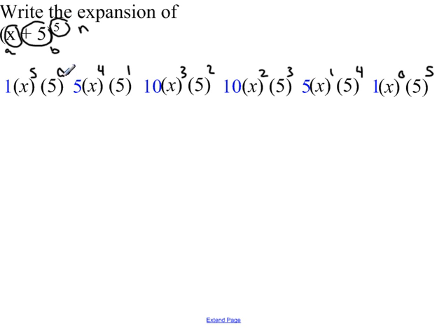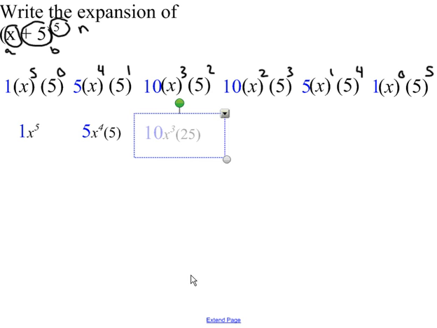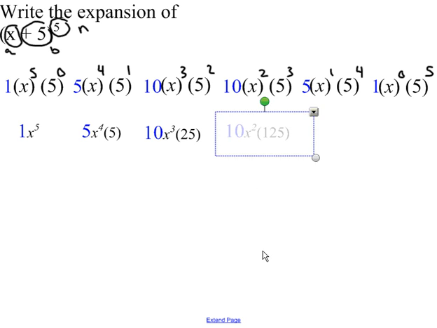All right, so 5 to the 0, that's just 1. So here we just get 1x to the 5th. 5 to the 1, that's 5. So here we have 5x to the 4th times 5. Here, 5 squared, that's 25. So we have 10x to the 3rd times 25. 5 to the 3rd, that's 125.